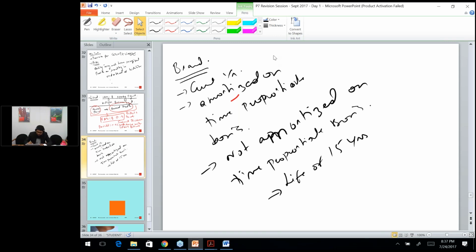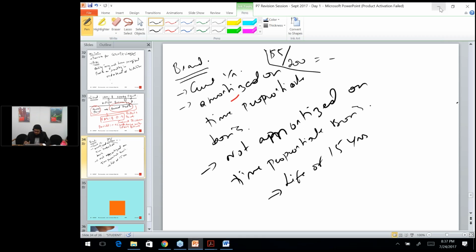So if you calculate this $5 million brand divided by the total assets given in the balance sheet, 200 million, you will end up getting the materiality of this brand. Whenever you have the numbers available, calculate the materiality because it gives you more marks.